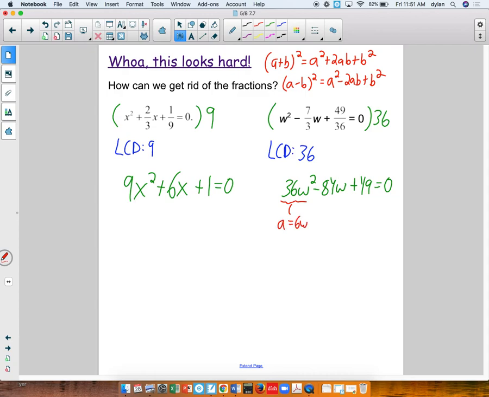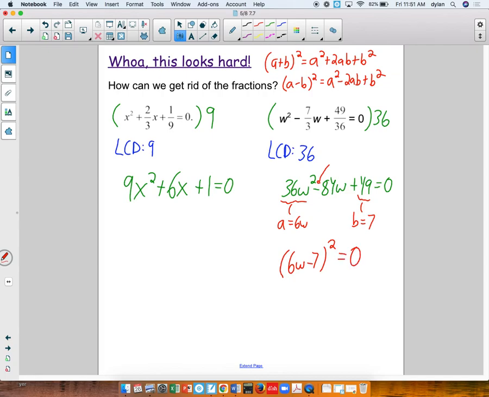A is 6w. And for 49, that's also a perfect square. So b equals 7. So then we just need to work in reverse. We're using the second one because there's a minus sign right here. But this tells us that this factors into 6w minus 7 squared.